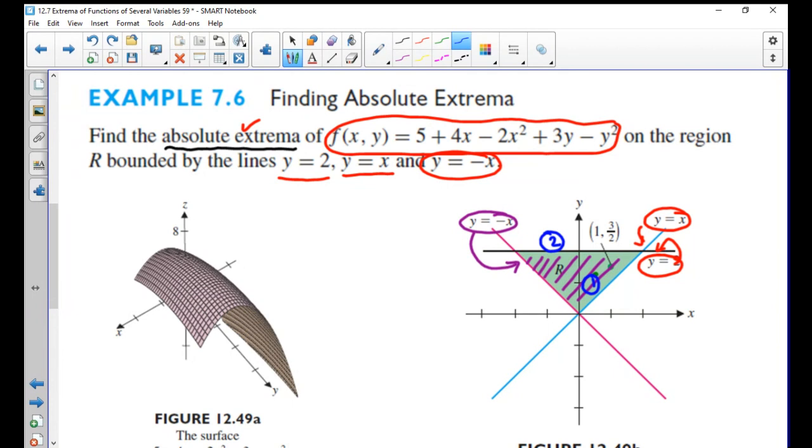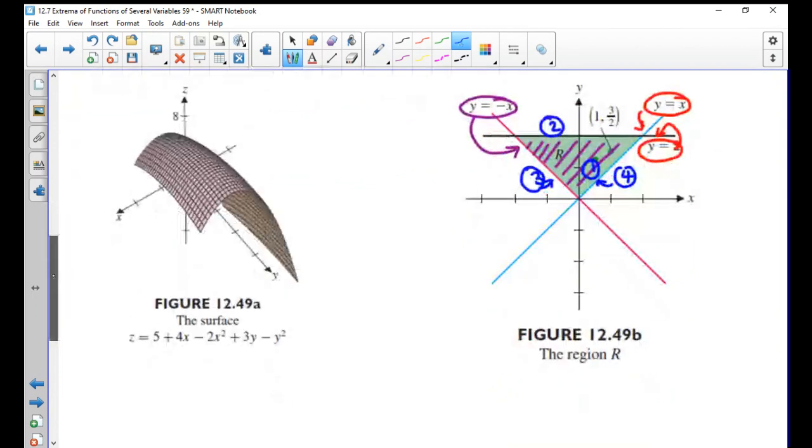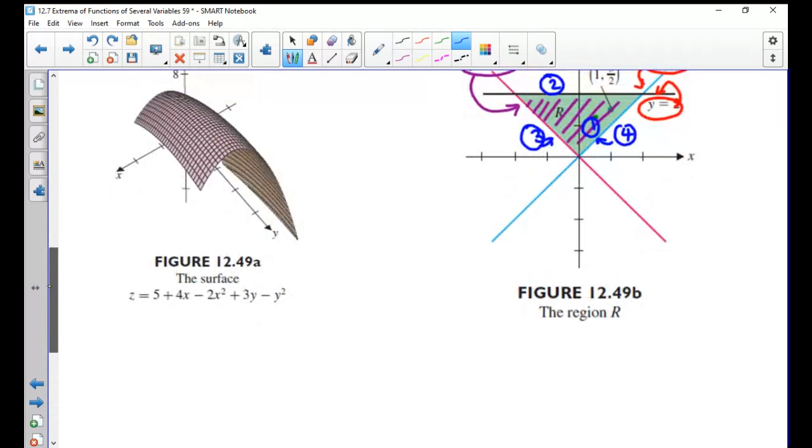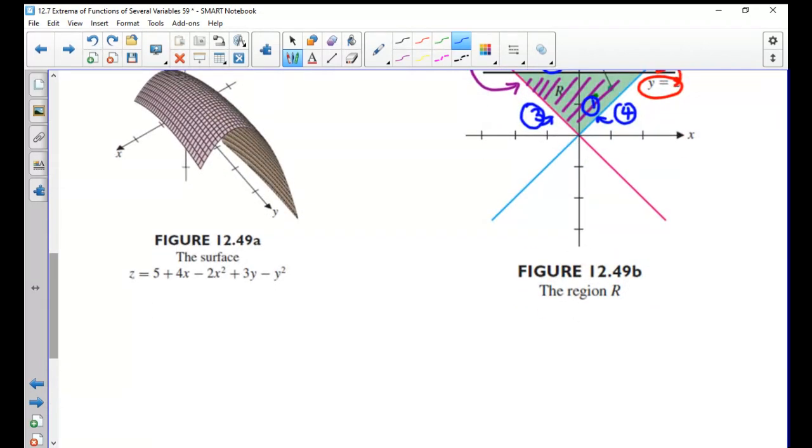Then we will do the line y equal minus x, and finally the line y equal x. And then we find several numbers and we take the biggest as the absolute maximum and the smallest as the absolute minimum. So let's get going.